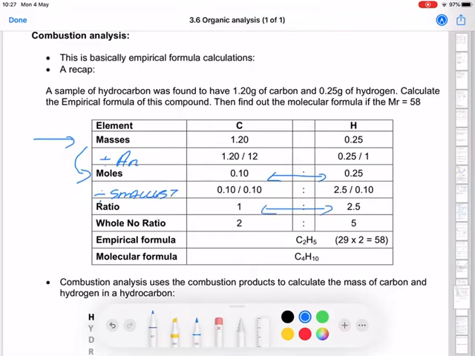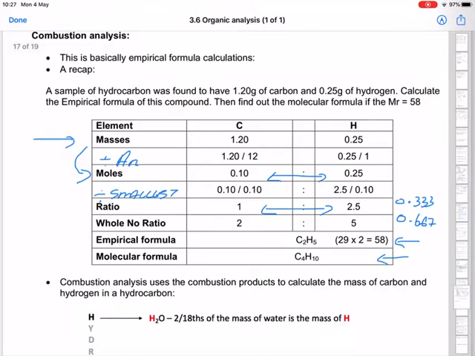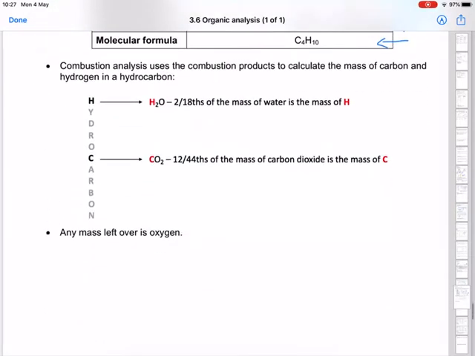And remember, if we've got halves, we need to times it by 2. If we've got thirds, which will be around 0.33 recurring or 0.66 or 0.67 recurring, we then need to times them by 3. That gives us our empirical formula. We then use the mass spec for the molecular ion peak, the m/z, which is the Mr, which then allows us to convert that to the molecular formula. So that's just a recap, okay?